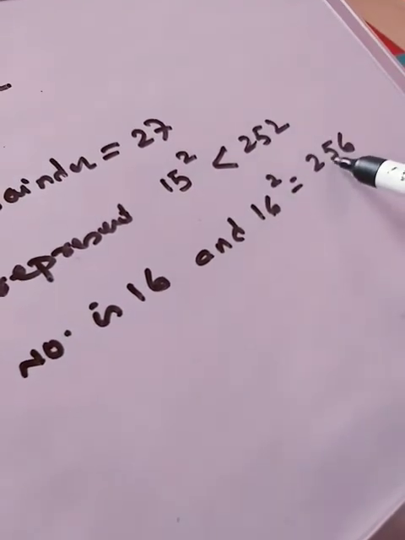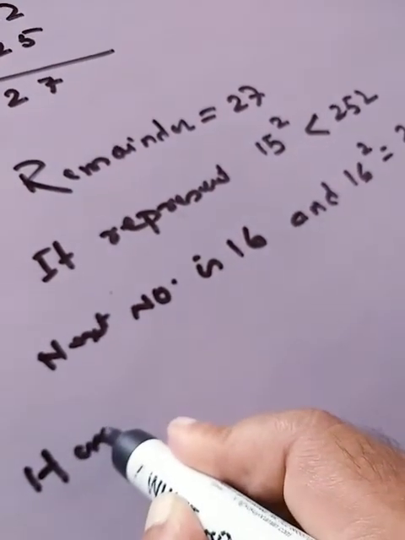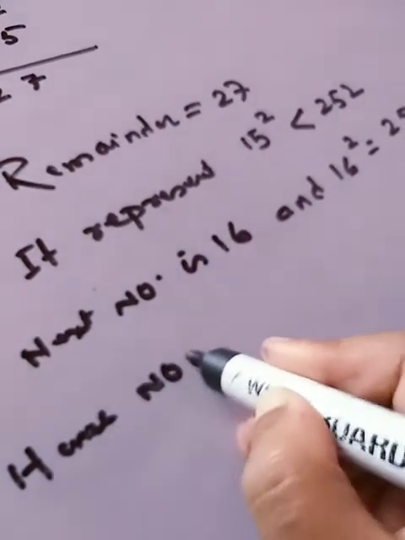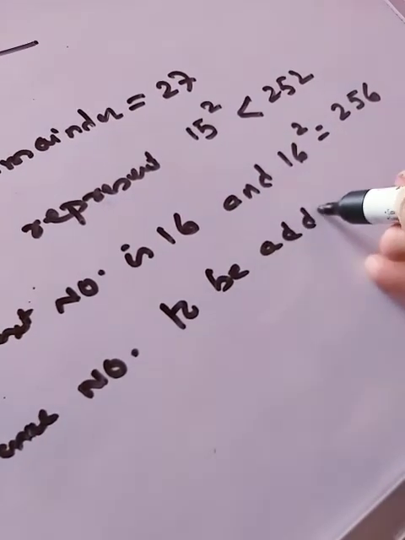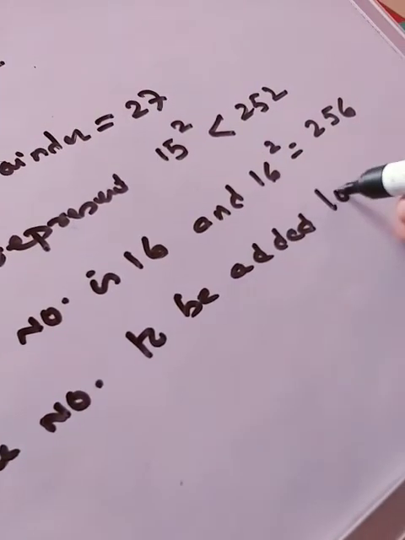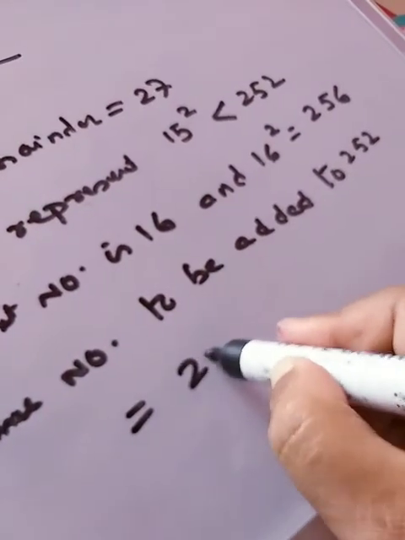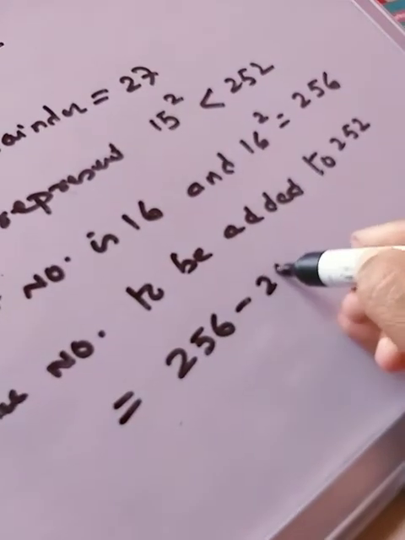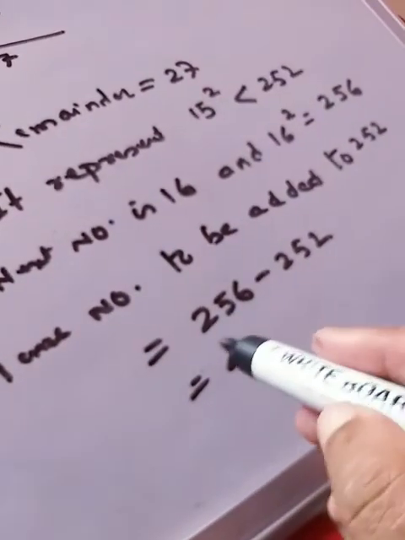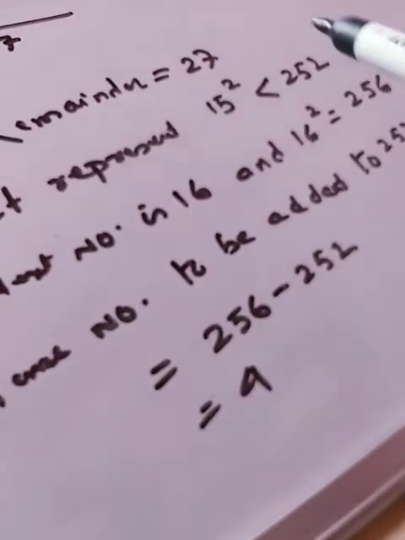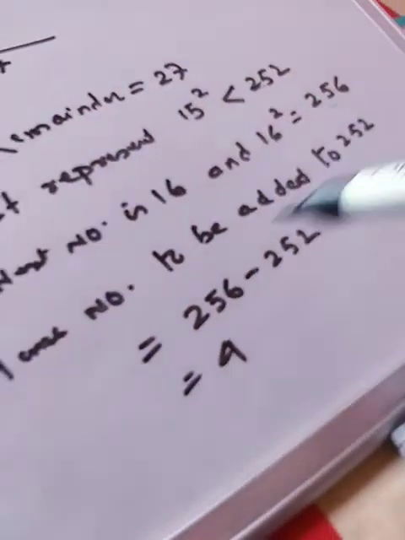Okay, so as you see, we have to make 252 as 256. So hence the number to be added to 252 is equal to 256 minus 252, that is 4. So 4 is the least number that has to be added to 252 to make it a perfect square, which is 256.